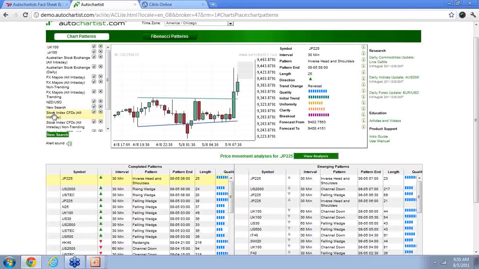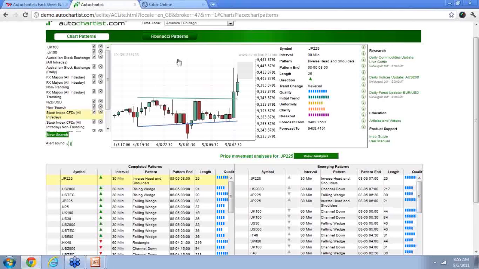In this case, we have a head and shoulders pattern, or an inverse head and shoulders pattern for the JP 225. It's a Japanese stock index. Okay. Now we see this market again, and we see a potential breakout to the upside. We see a breakout to the upside and hit a target zone based on this formation. Okay.